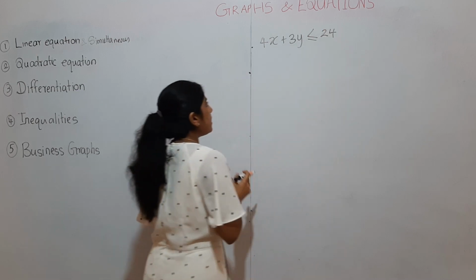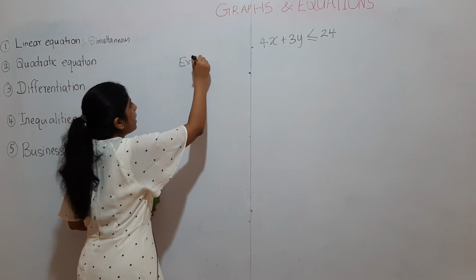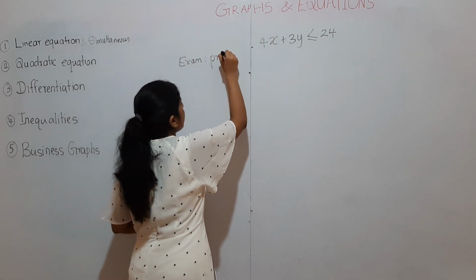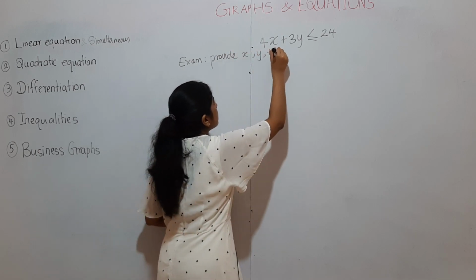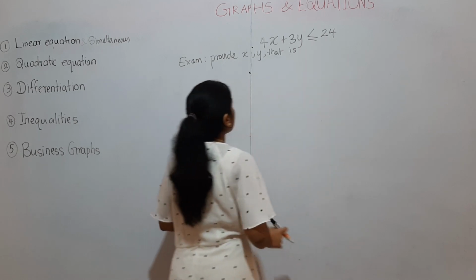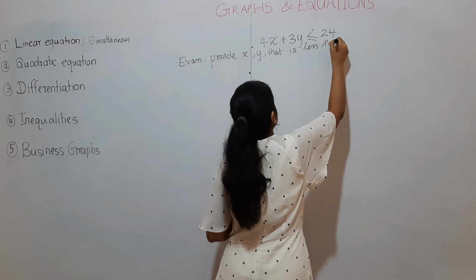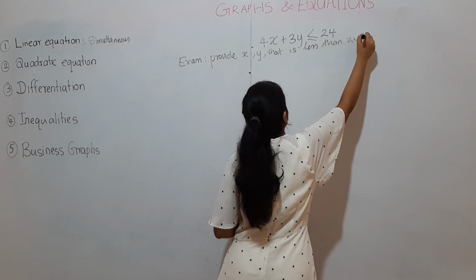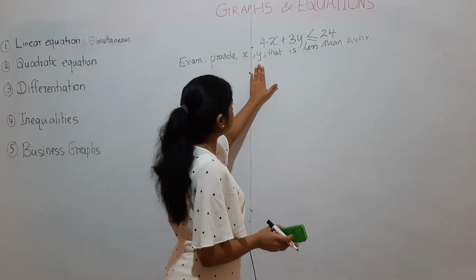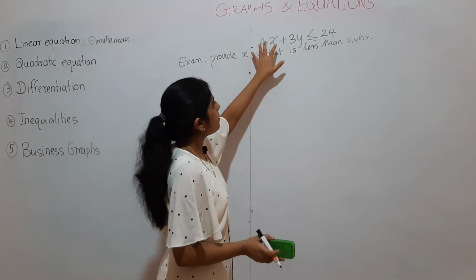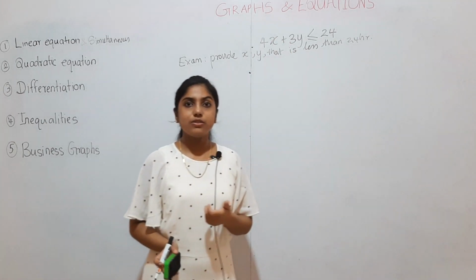Now in the exam, what they are going to ask is to provide values of x and y that satisfy this, that is, less than 24. That means how many products of x and how many maximum products of y should we produce to take time less than or equal to 24 hours.